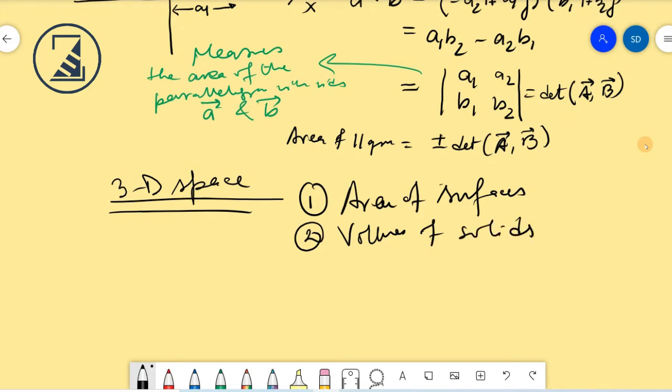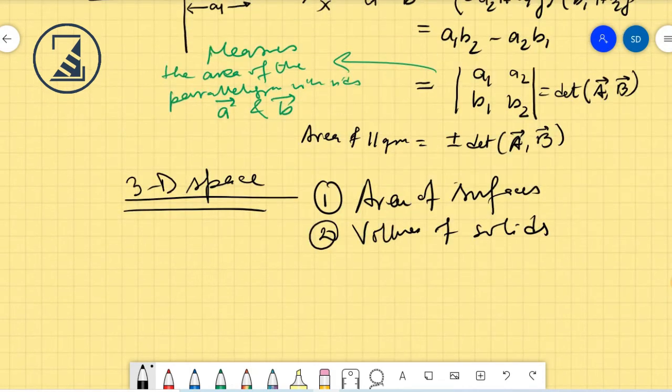First, I will talk about volume of solids, and from that we will come to area of surfaces, where the concept of cross product will be logical. And taking this route, you can understand how cross product is coming into play and defining area of surfaces.